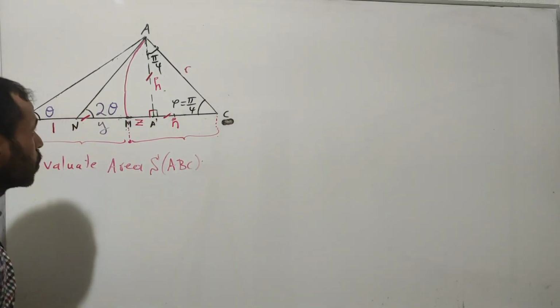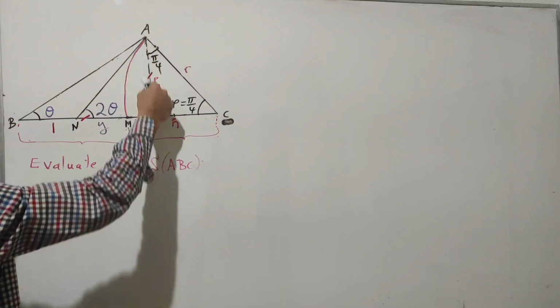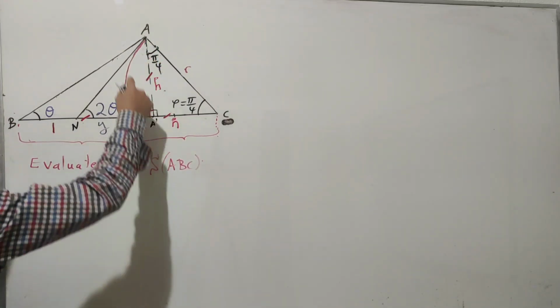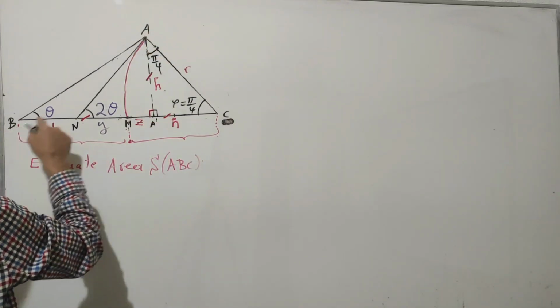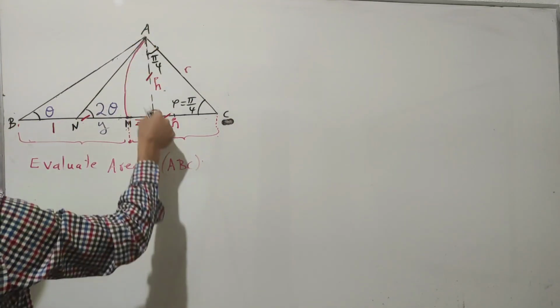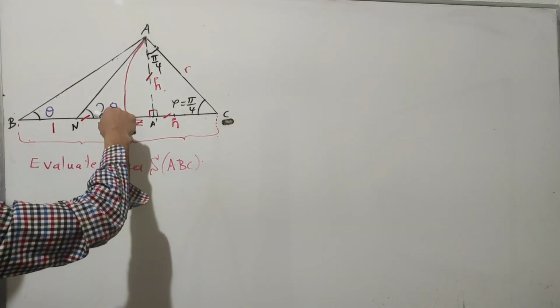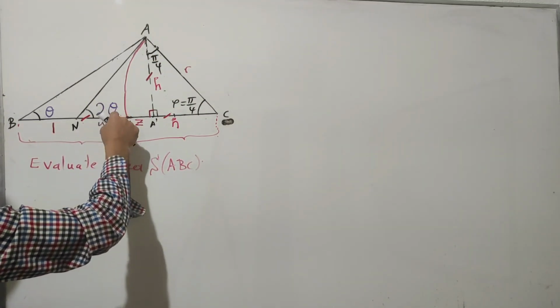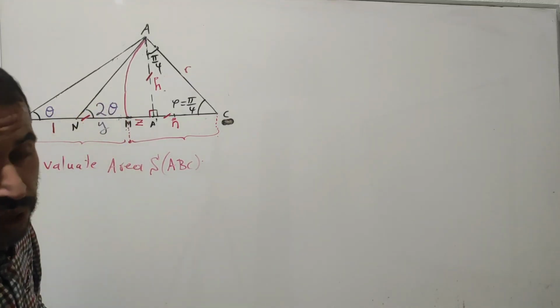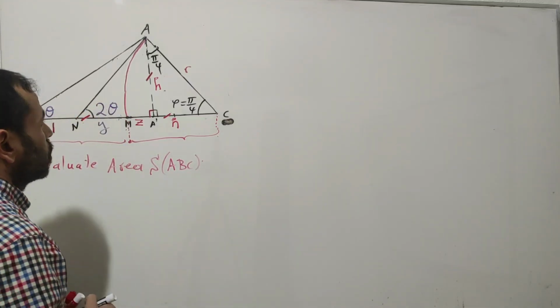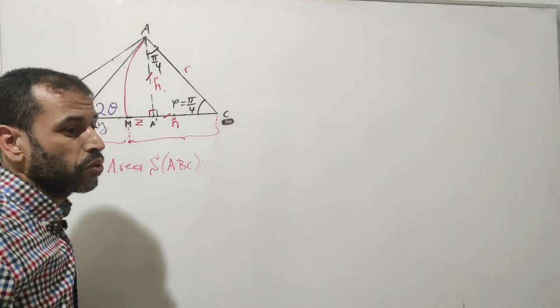So the next information: we have the right triangles. We are going to take advantage of two right triangles. We get this triangle E A prime B, and also we have E A prime N. We are going to apply trigonometric formulas on both triangles, where we have double theta and where we have theta. Now let's do that, and also we have a nice formula we can apply here.